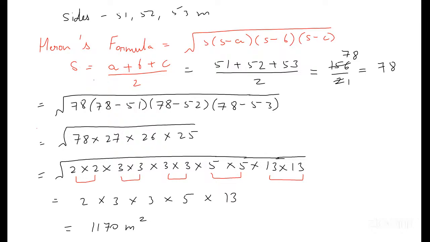Yes, ma'am. Do you know how we did the prime factorization of all the 78, 27, 26 and 25? Yes, ma'am, I do. You know, right? Okay. So just do prime factorization.